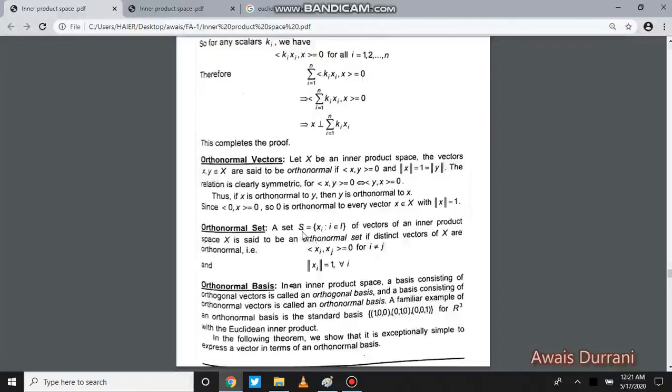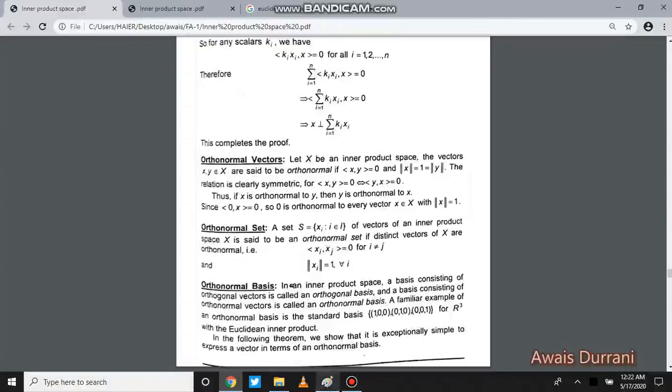For example, we have a set S and we have elements x1, x2, x3 up to xn inside this set, and if we take any two distinct elements, for example x1, x2, or x2, x3, or x1, x3, or whatever, then the inner product of those two will be equal to 0, provided that both have individual norm equal to 1.